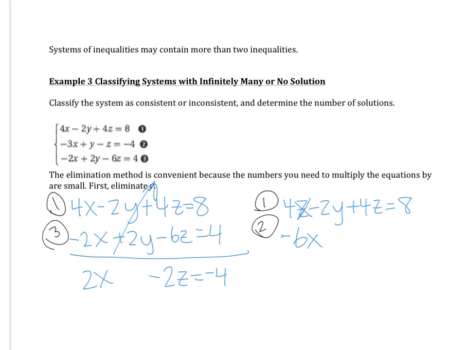And this should be an x up here. I can once again eliminate the y's.